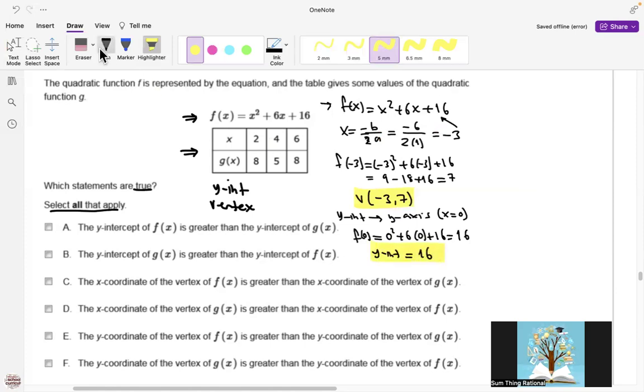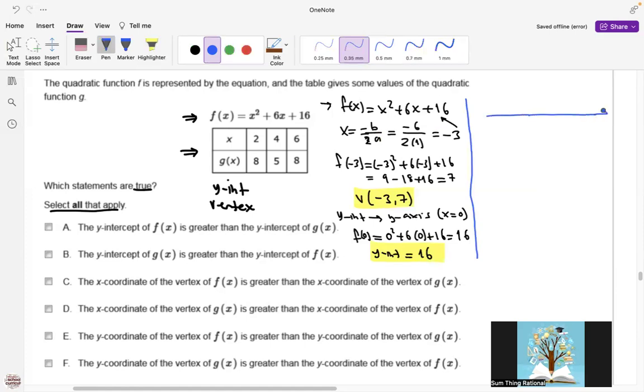For the second function, I need to do the same thing, but we don't have a graph there. We have a table. So let's try to guess what kind of graph and what kind of vertex it has. I will put the x-axis first. When x is 2, x is 4, and x is 6.